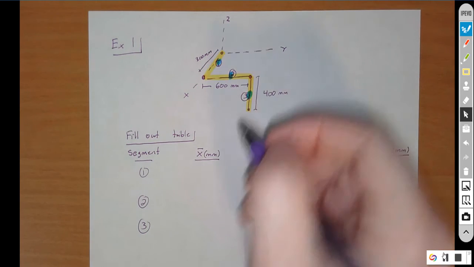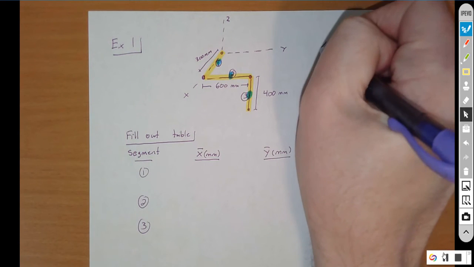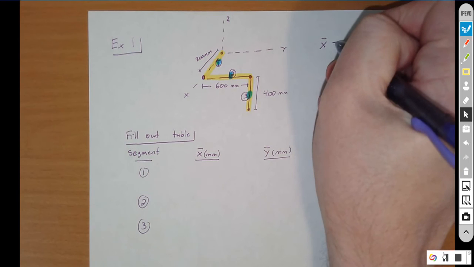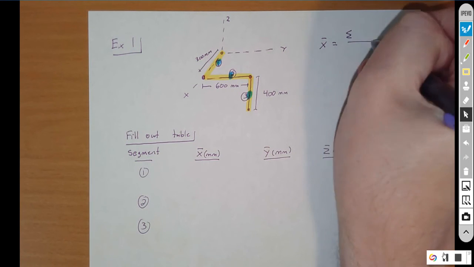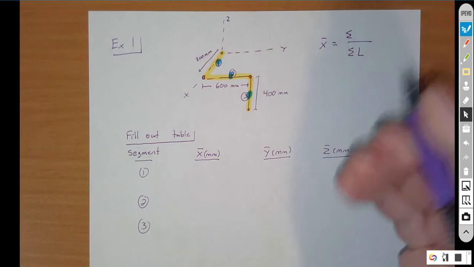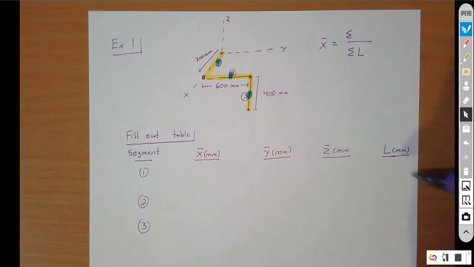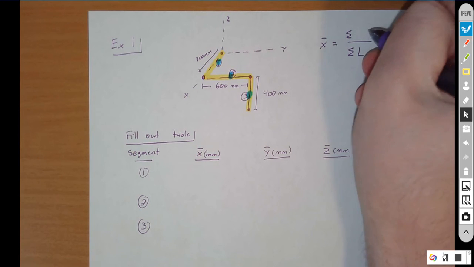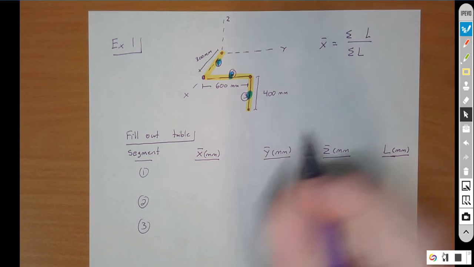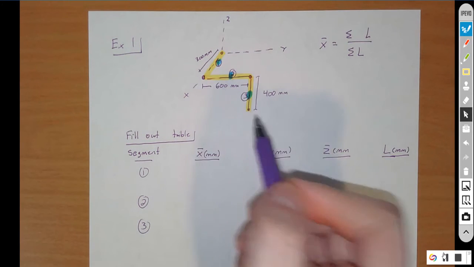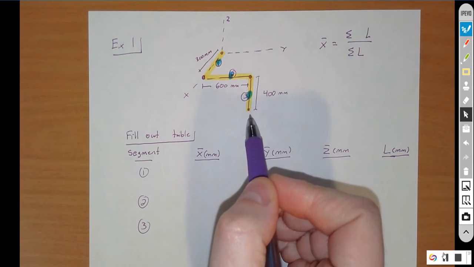Say we wanted to find x bar. In this problem, x bar would be the summation of all of the length of the bar, which we would find by adding up all the numbers in this column. And then we would weight each of those individual segments, so segment 1, segment 2, segment 3, we would find each individual centroid in the x direction.